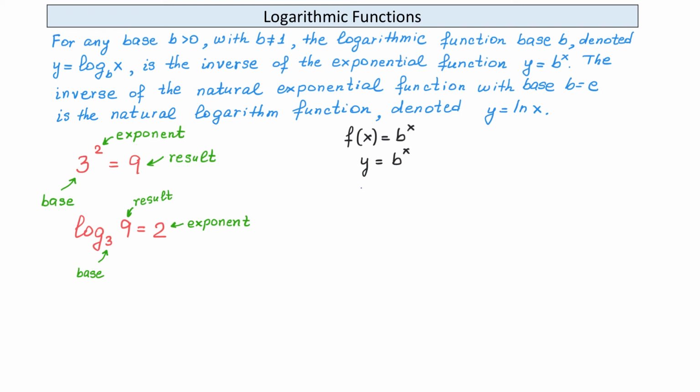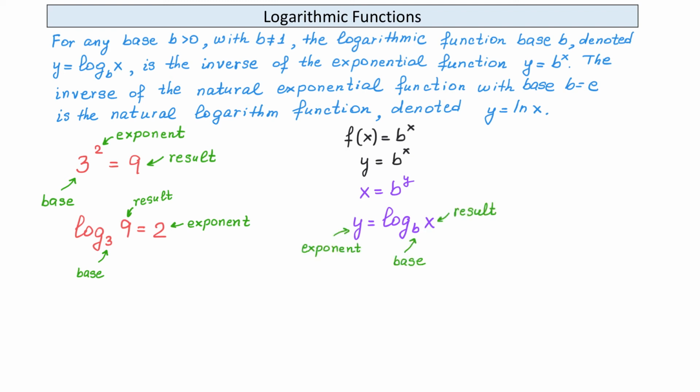That will give us x equals b to the power of y. This is the inverse function, and to solve it for y, we will use the logarithm. We will say that y equals log base b of x. In other words, if we have the base b and we raise it to exponent y, we will get the result x.